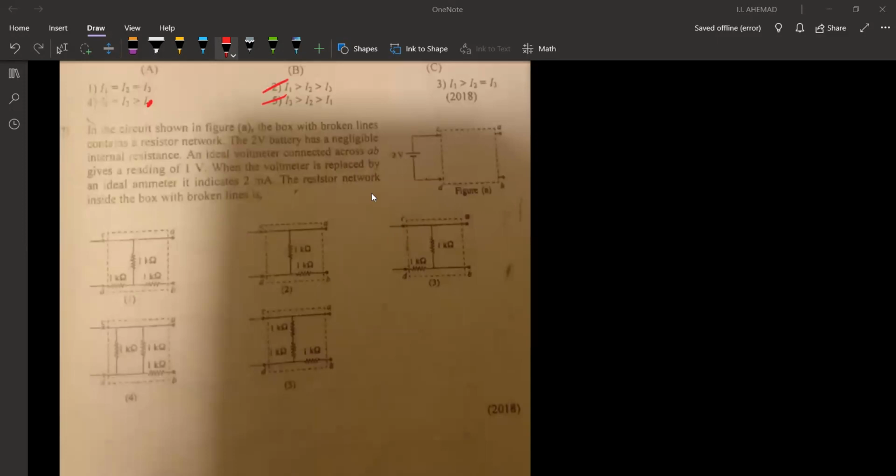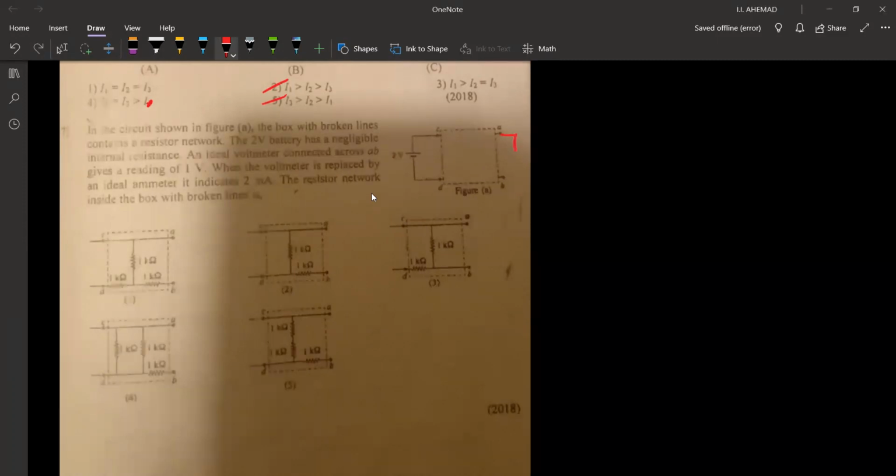17, in the circuit shown, the box with broken lines contains a resistor network. The 2-volt battery has negligible internal resistance. So the internal resistance is negligible, therefore it's 2 volt. An ideal voltmeter is connected across AB.